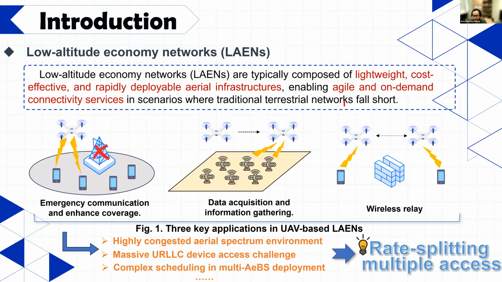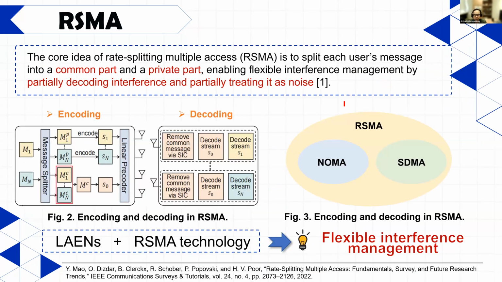And here we would like to highlight that when we deploy rate splitting multiple access, the UAV can even further improve the performance. The core idea of rate splitting multiple access, I think everybody knows already. We have the common part and the private part, where we have flexible interference management, partially decoding the interference and partially treating it as noise.